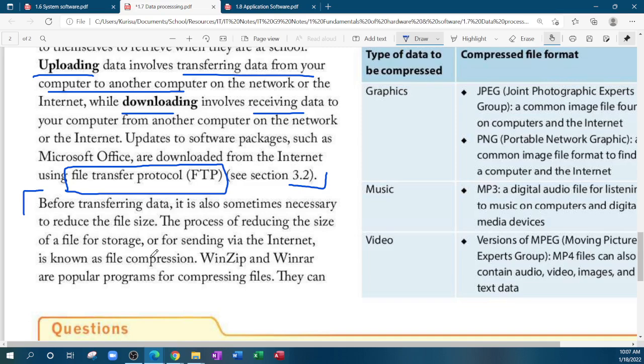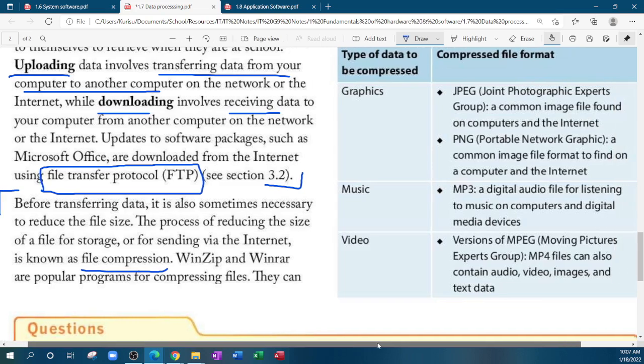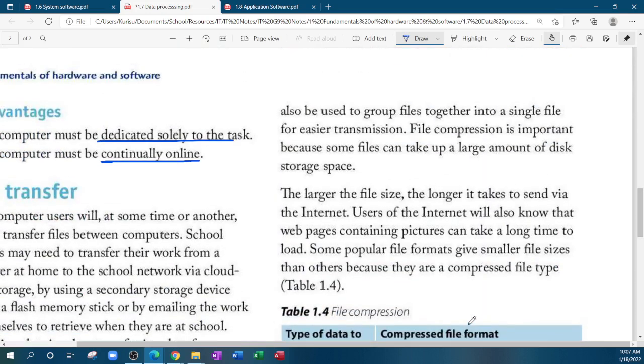Before transferring data, it is also sometimes necessary to reduce the file size. The process of reducing the size of a file for storage or for sending via the internet is known as file compression. WinZip and WinRAR are popular programs for compressing files. They can also be used to group files together into a single file for easier transmission.